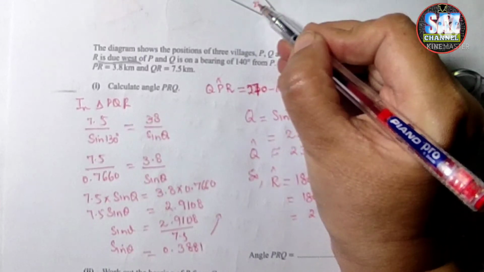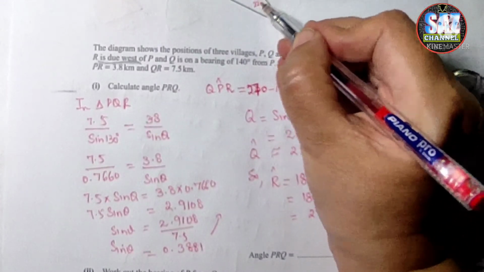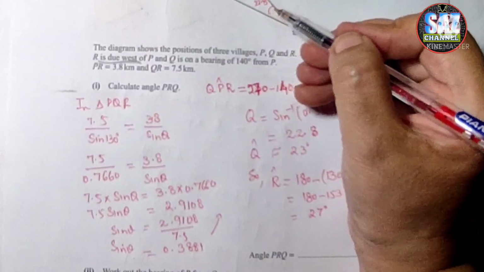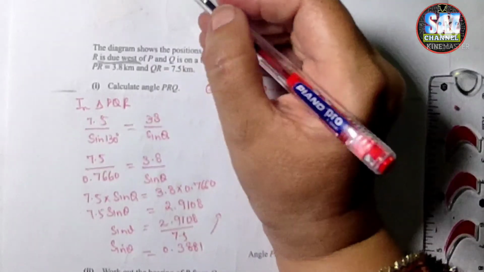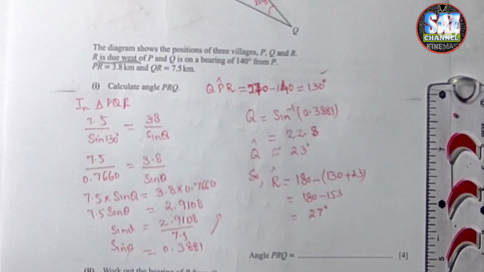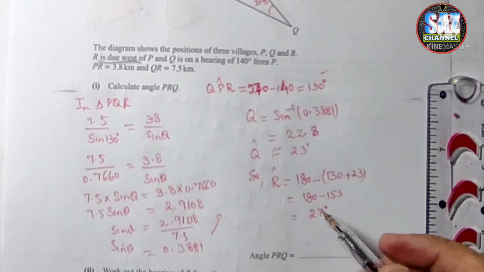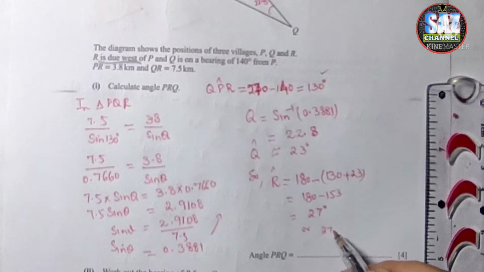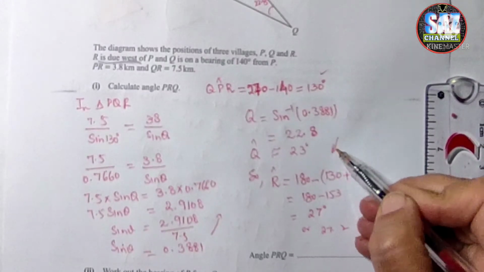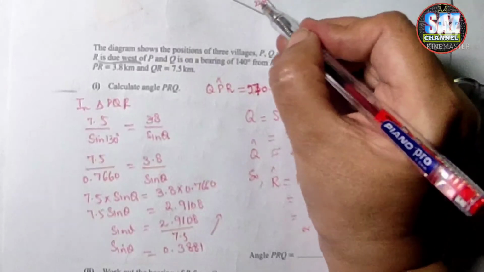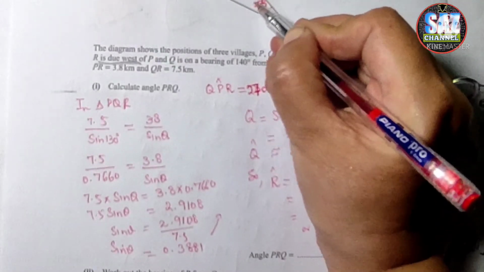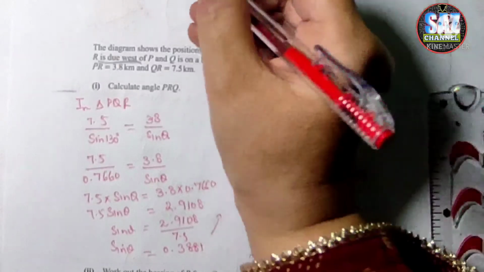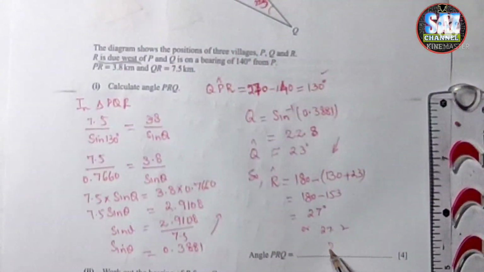For calculation purposes, I've taken 22.8, and angle R is around 27. When I take 22.8, 180 minus 22.8 and minus 130, this will give me 27.2, depending upon what value you are taking. So this will be 23 degrees, and 27. Angle R is 27 degrees.